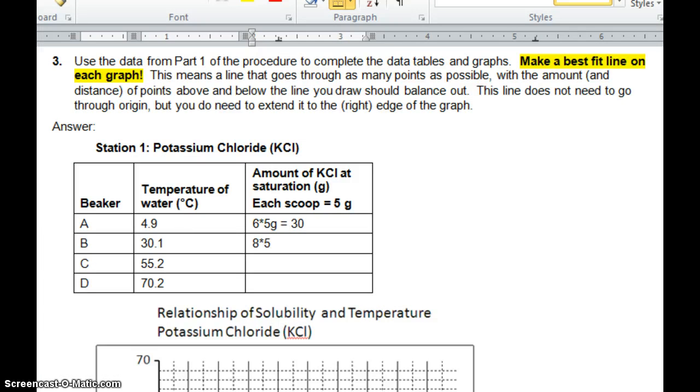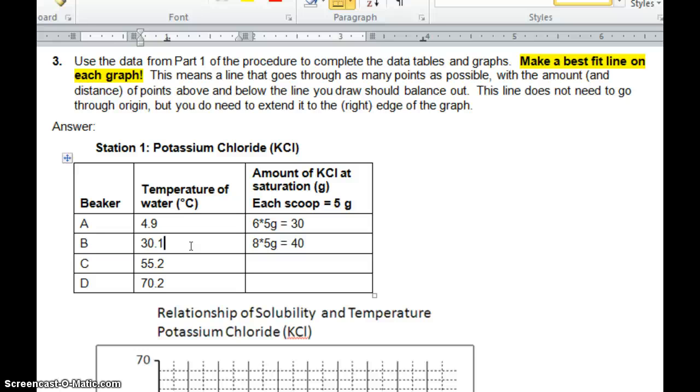Each scoop is 5 grams, means I had how many total grams? 40. So when my temperature goes up, can I dissolve more or less? I can dissolve more. And the reason is that when things are warmer, the molecules are moving faster. The faster they move, the more they collide with each other.